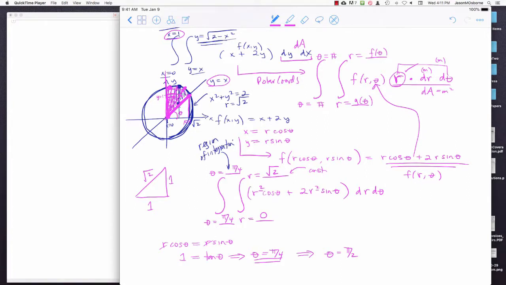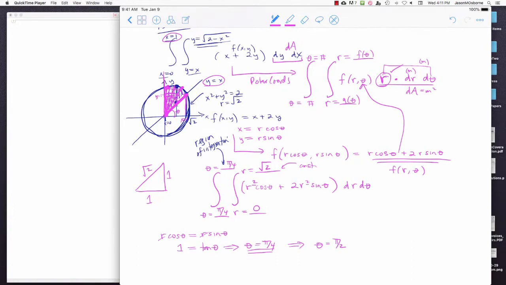Okay, so now we have to figure out what to do with this integral. You could tackle the inside integral first. I'm sorry, theta goes from pi over 4 up to pi over 2. I meant to write pi over 2 there.